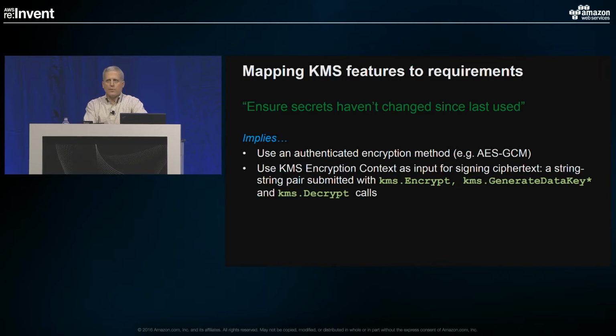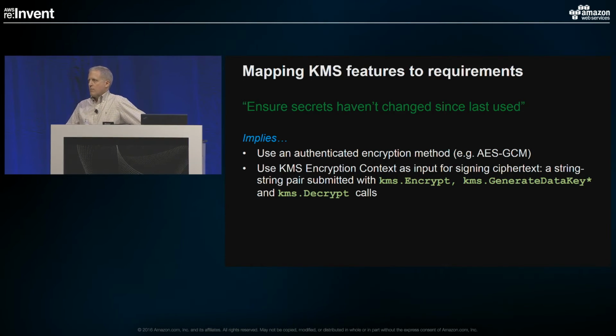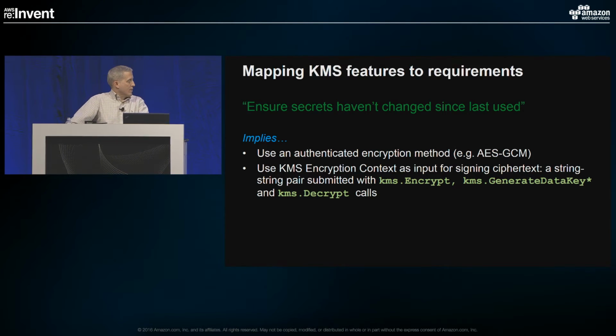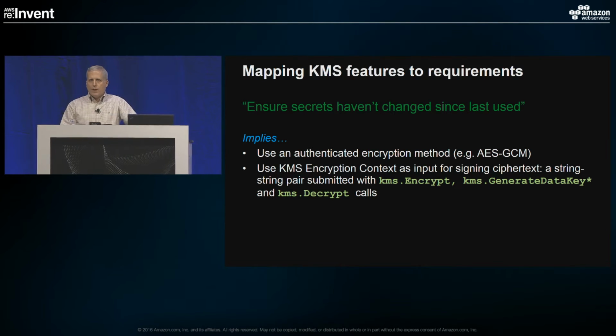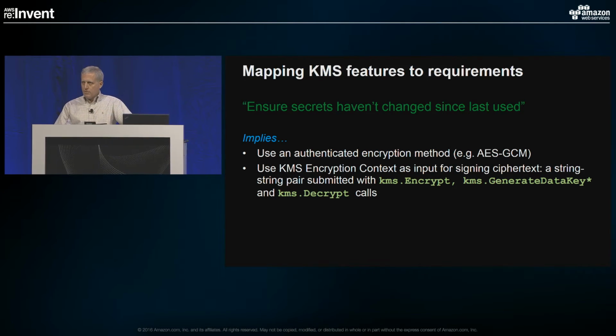Now, one of the ways that we do this, we expose one of these parameters for integrity through a feature we call encryption context. So encryption context is an arbitrary string-string map that you can submit when you make what we call the data plane calls to KMS. So encrypt, generate data key, and there's two variants of that, decrypt, re-encrypt.